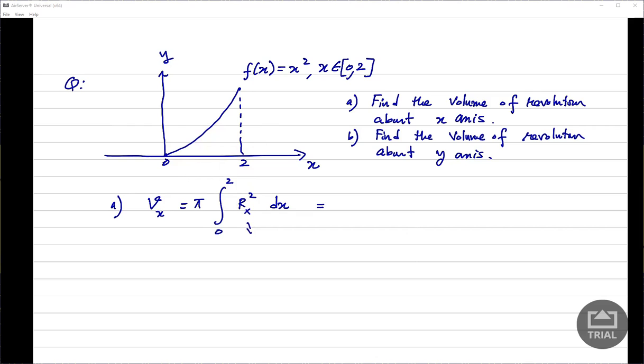R(x) is essentially now f(x). So you can see x squared here. So pi ∫ from 0 to 2 of x squared dx. That's very easy. Pi times x cubed over 3 from 0 to 2, and if you put 2 here, 8 pi divided by 3, and that would be the answer.